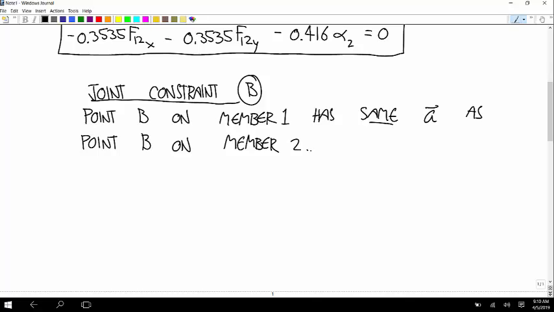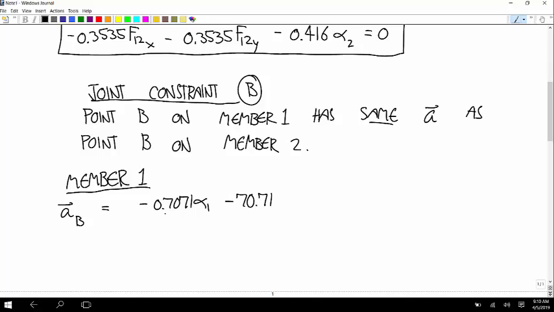We already did member 1. And we got that the acceleration at that point B was equal to negative 0.7071 alpha 1 minus 70.71 for x, and then positive 0.7071 alpha 1 minus 70.71.